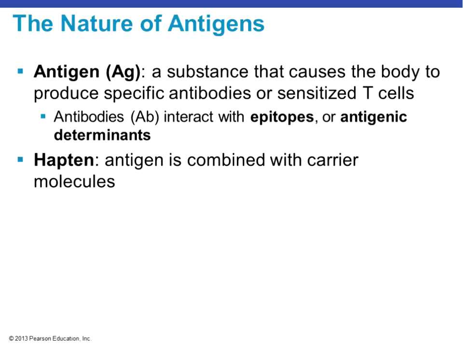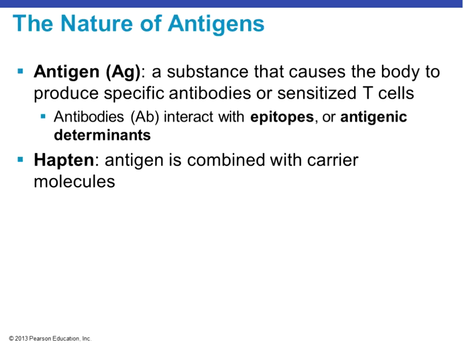Once again, as I said before, some of this information you've heard before. An antigen, remember, is a substance that causes the body to produce antibodies against it. All bacteria or viruses or any invading pathogens typically have cell surface markers that are different from your own cell surface markers, and we call them an antigen.